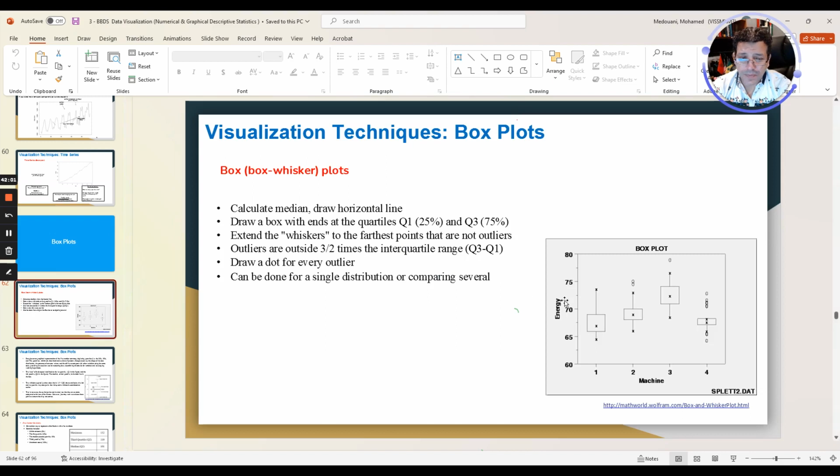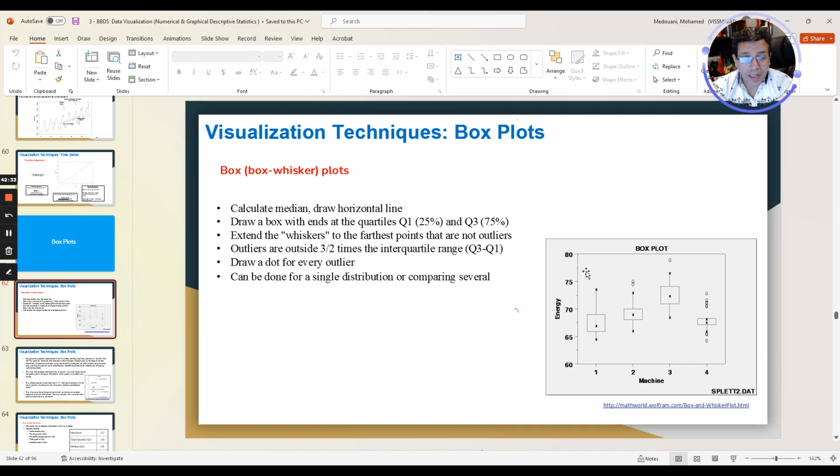And this box plot, what it does, it helps us to understand how the data is sparse or dense. So it helps you understand the sparsity and the density of your data, and of course it's used to understand anything that is an outlier. An outlier here is simply an element of the data that lives too far from the majority.